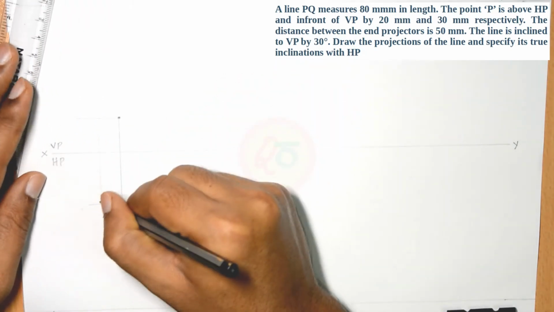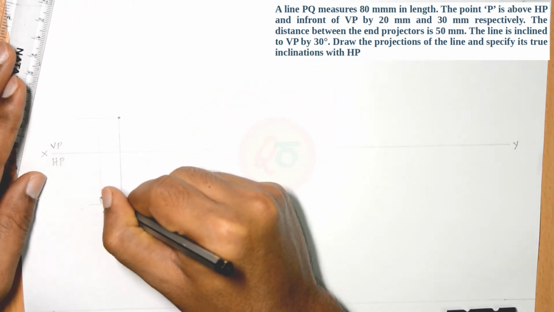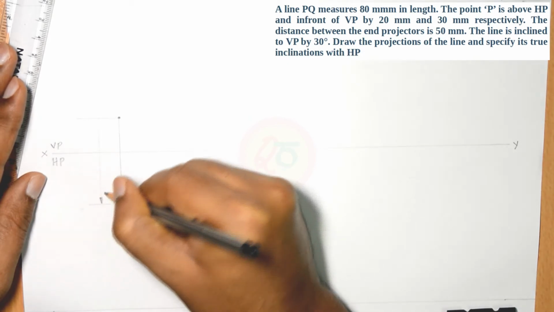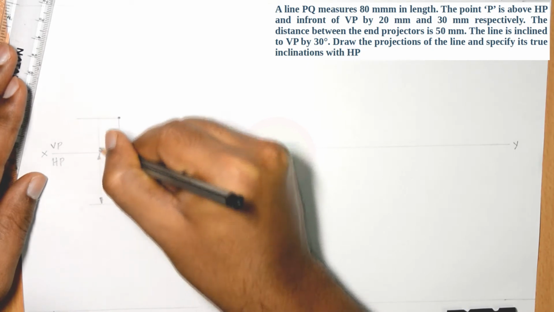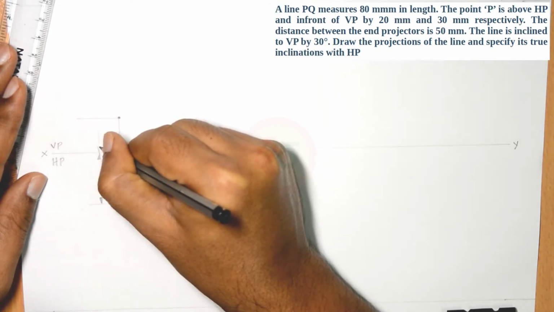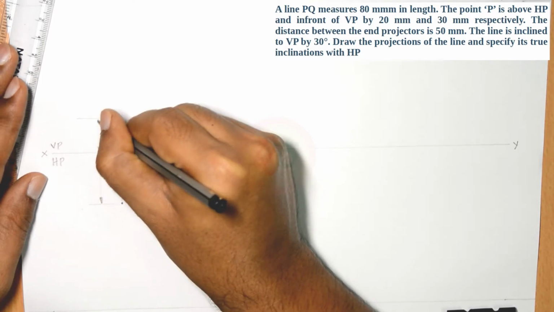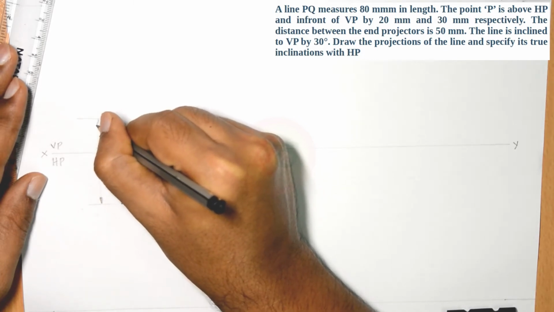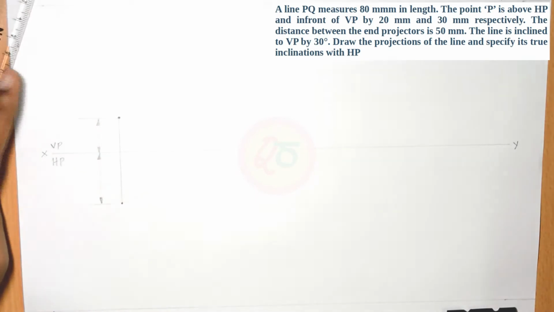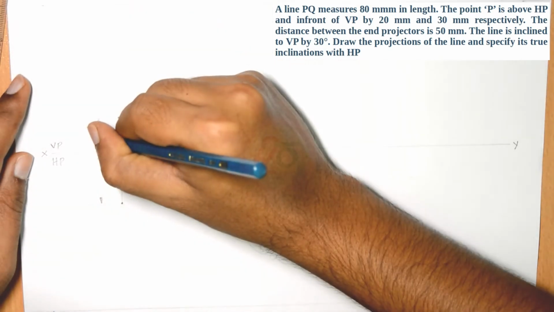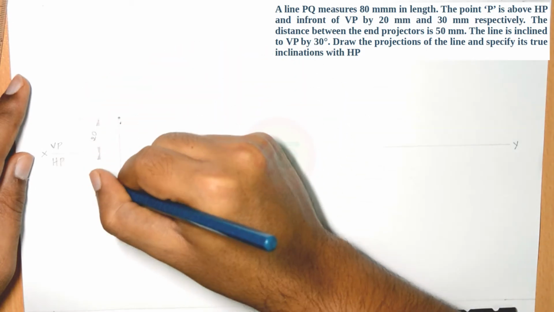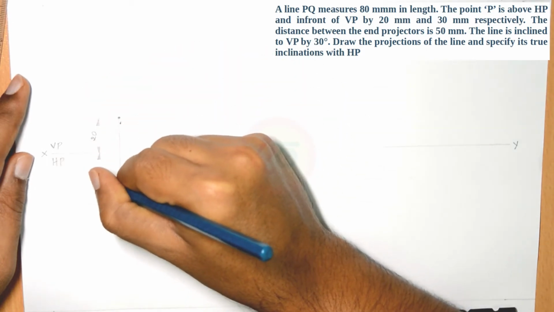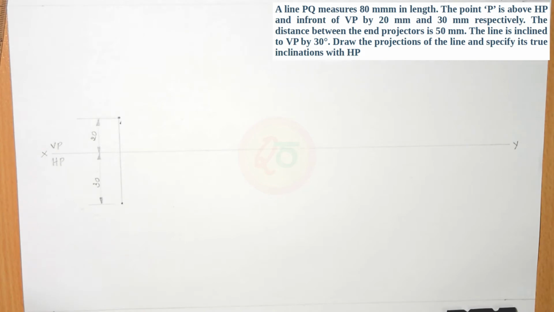Filled arrow marks. Dimension represented with a 2B pencil, 20 and 30.